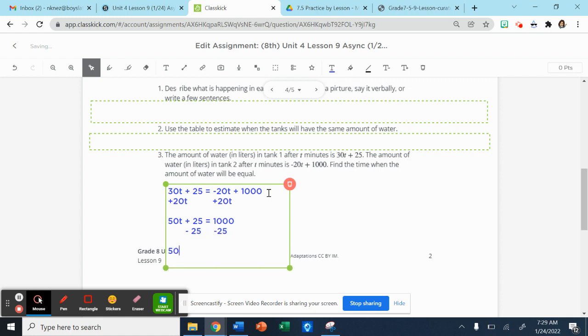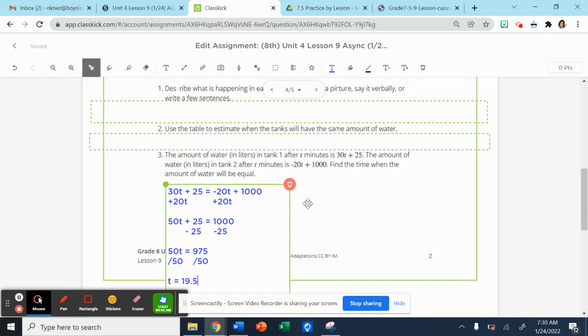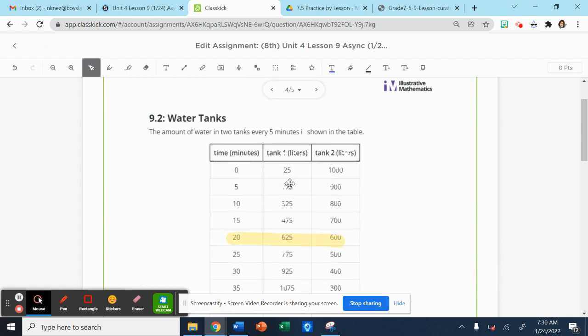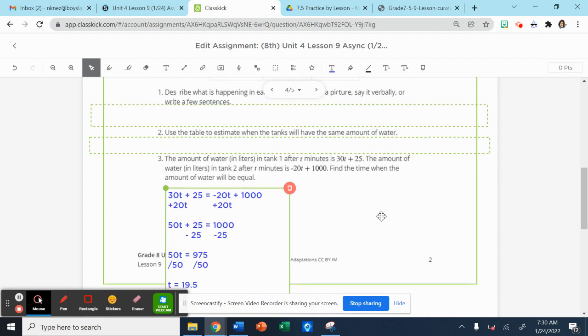And we end up with 50t equals 975. And then we can divide both sides by 50. And we know that t is equal to 19.5, which was exactly our estimate before up top, which was that right about before 20, the amount of water in tank 1 and the amount of water in tank 2 would be equal.